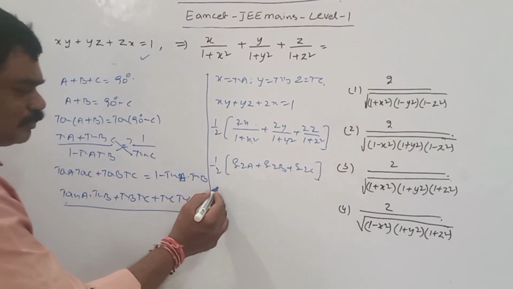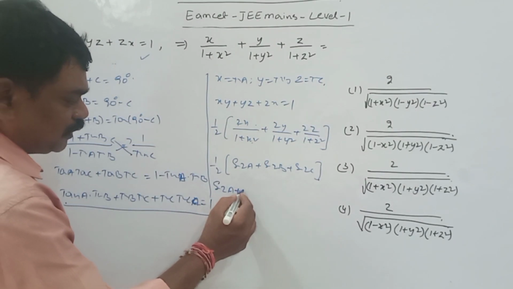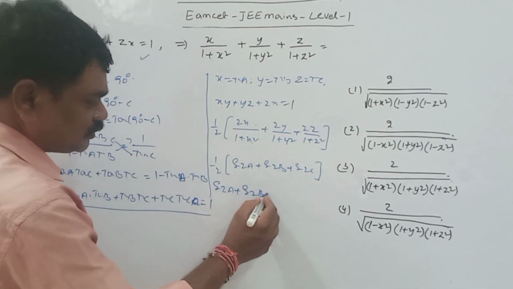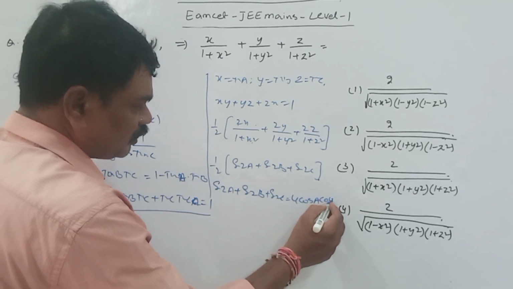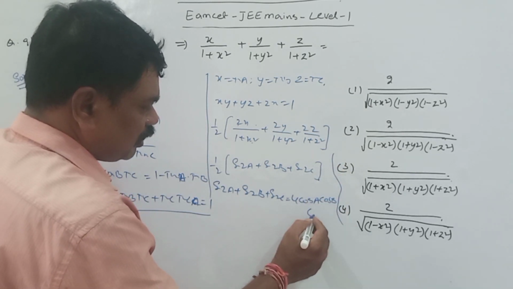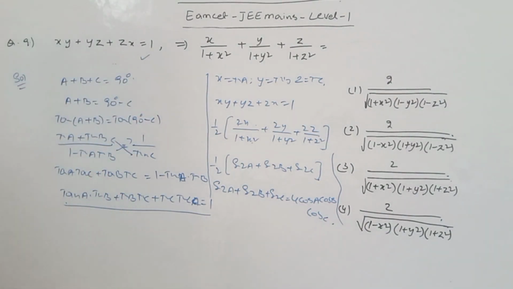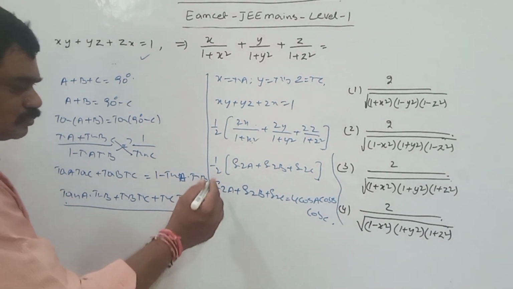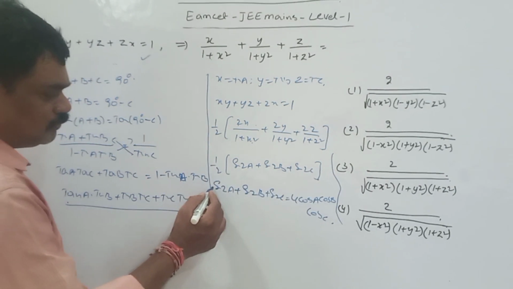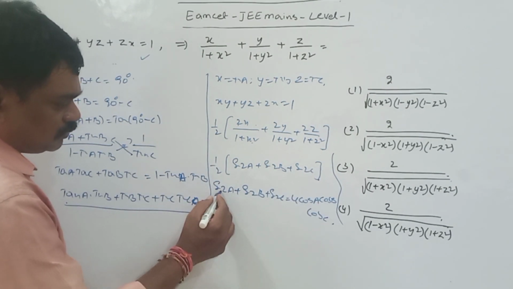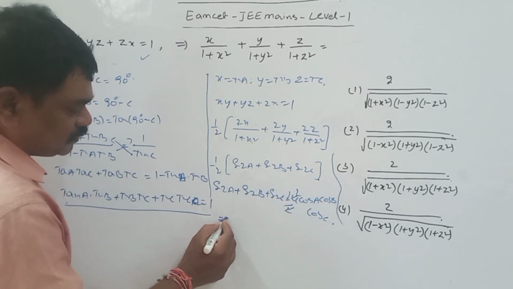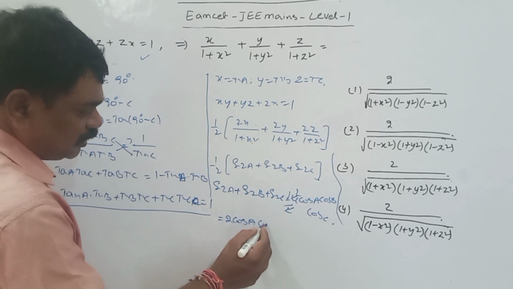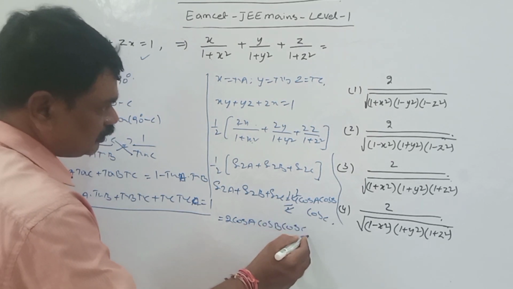But sin 2a plus sin 2b plus sin 2c is equal to 4 into cos a cos b cos c. Then this is 1 by 2 of 4, that is 2 into cos a cos b cos c.